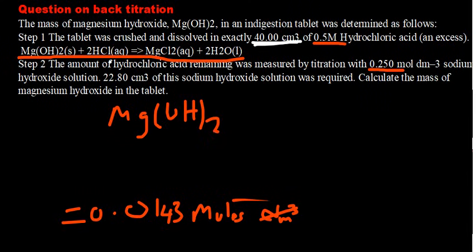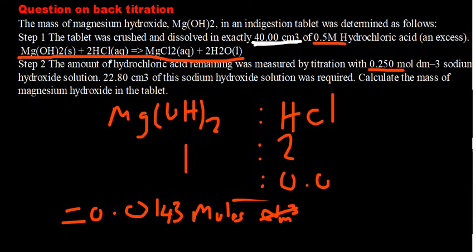Magnesium hydroxide is 1, and for HCl the coefficient is 2. So we have the number of moles for HCl to be 0.0143, and we're trying to find the value of X on the other side.